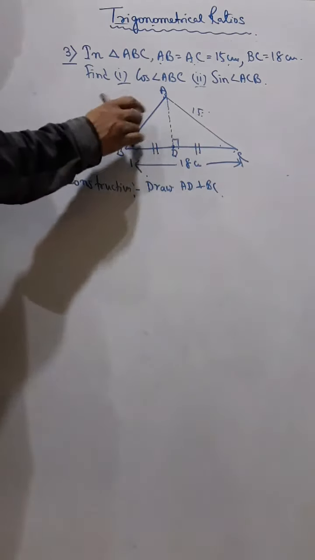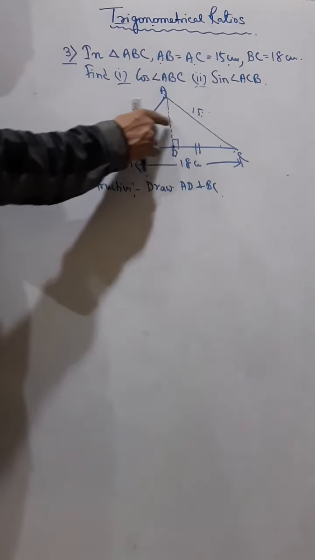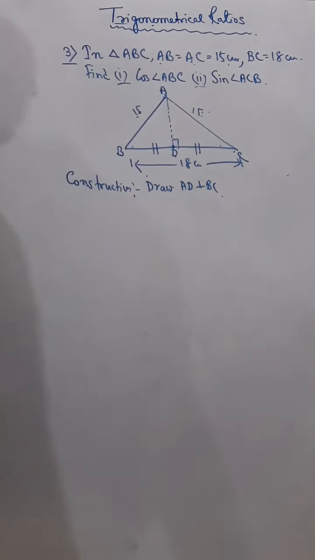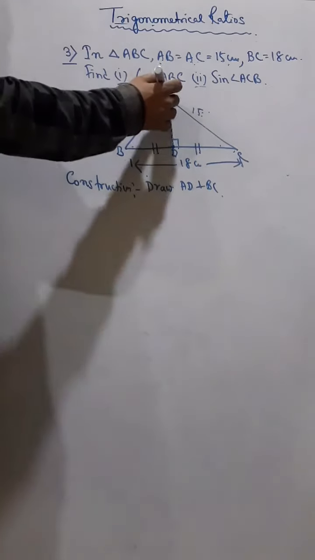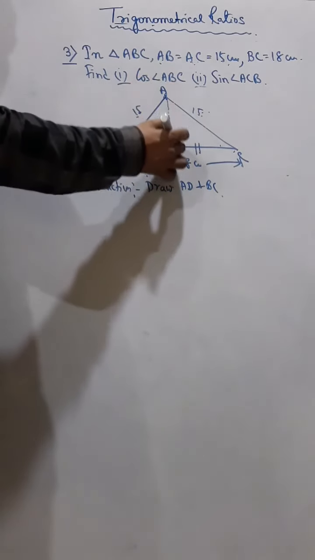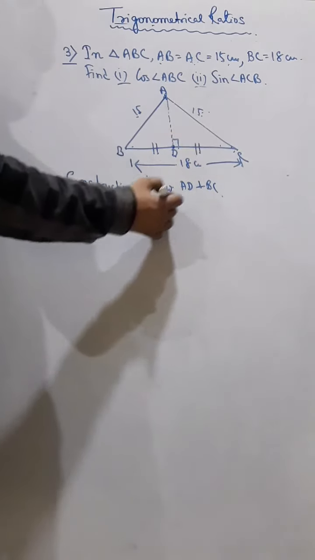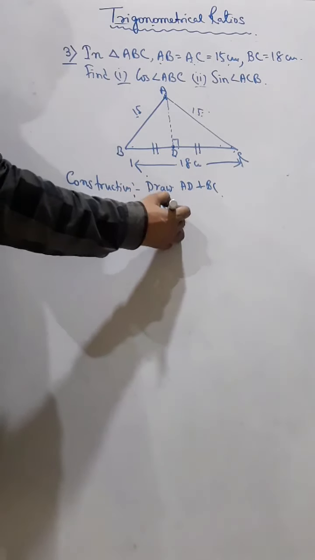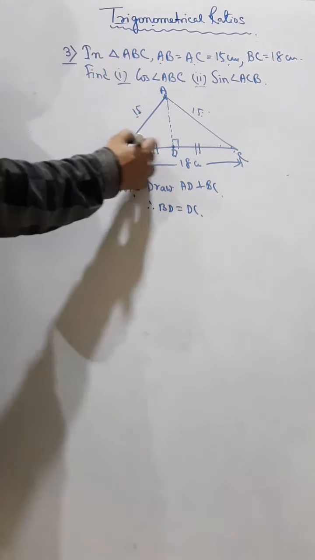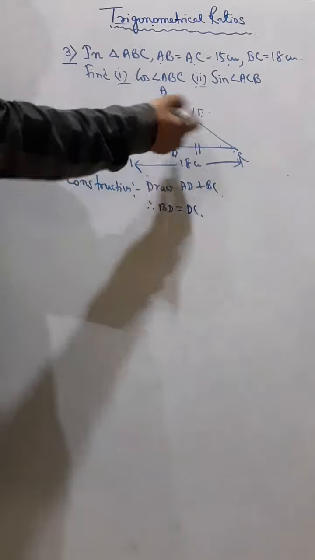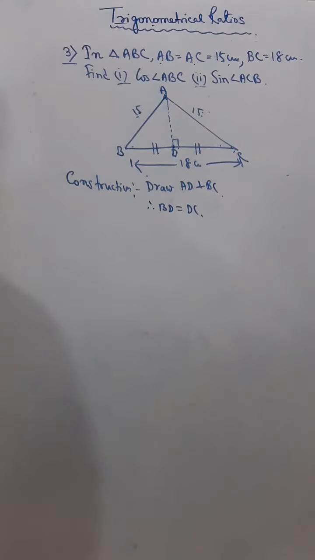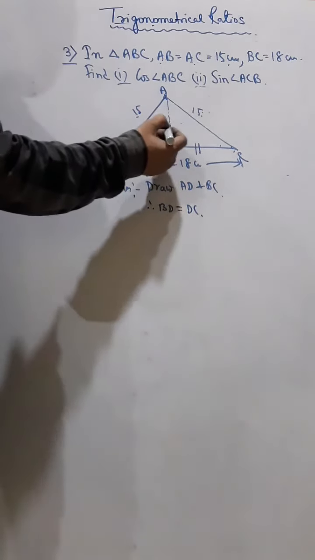Okay, because you get these two triangles congruent. So we have constructed AD perpendicular to BC, and therefore we can say that BD is equal to DC, since this is the rule of isosceles triangle, because we can prove these two triangles congruent.